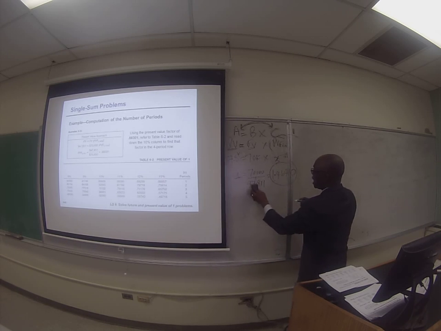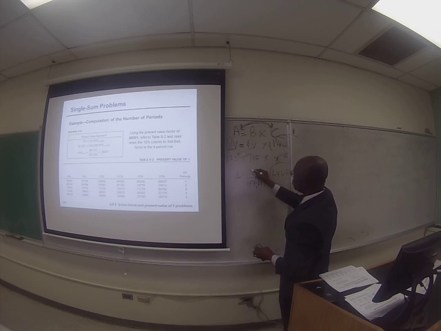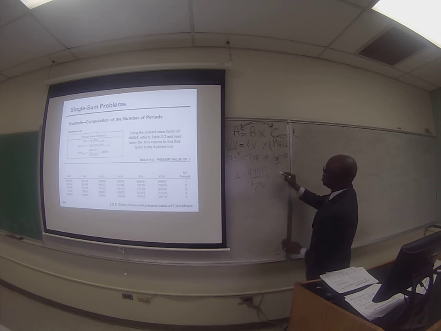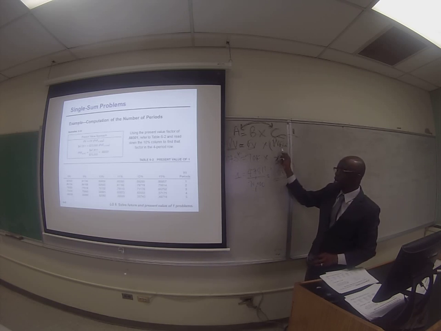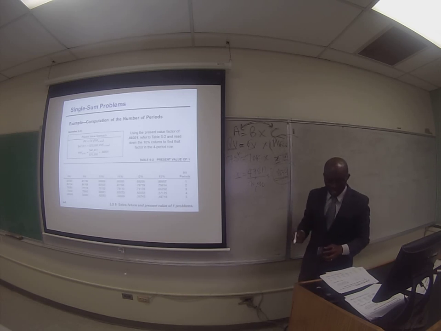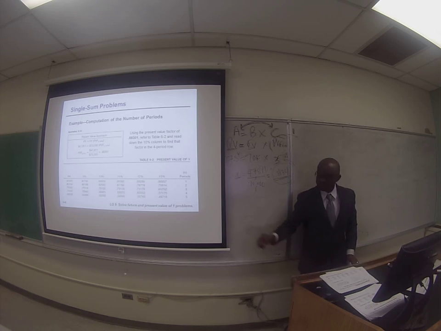If you work this out, then the numerator will now be 47,811 divided by $70,000, and that will now give you the present value interest factor of 0.68301. Then you look at the present value of a single sum table using the interest rate to figure out the period. So if we do that, here you have it.